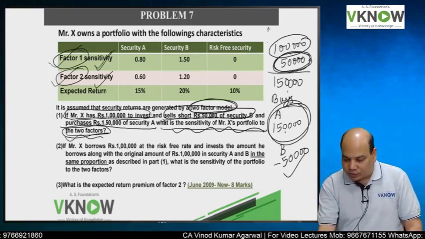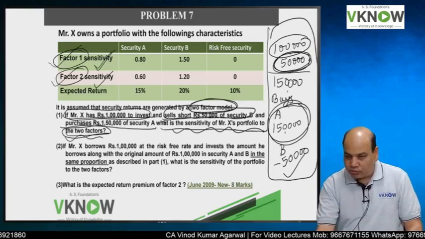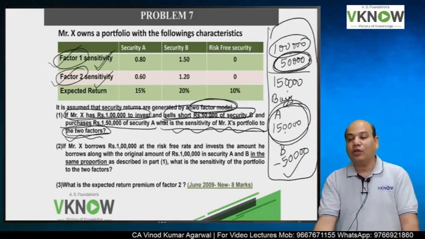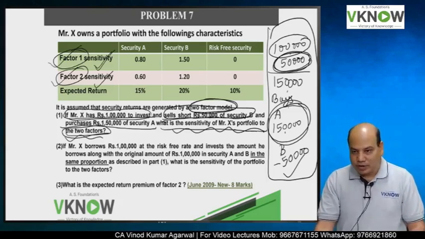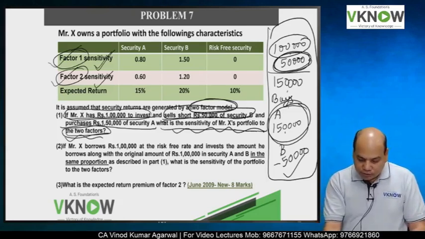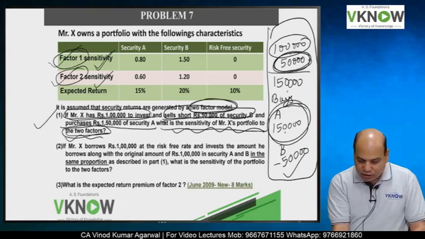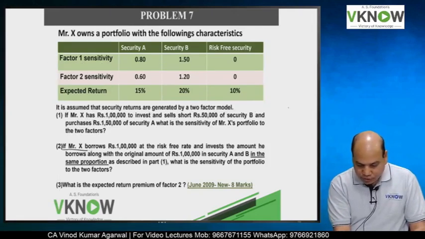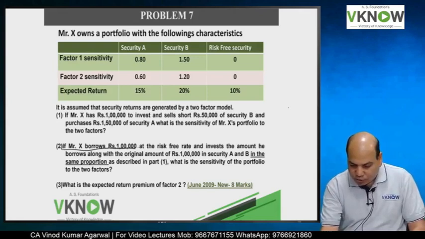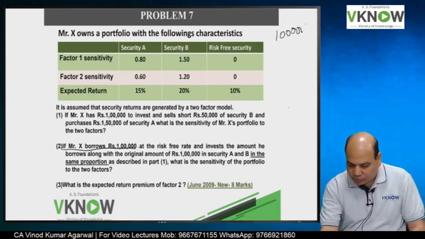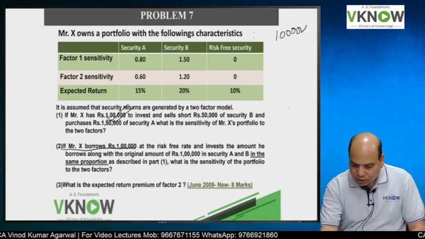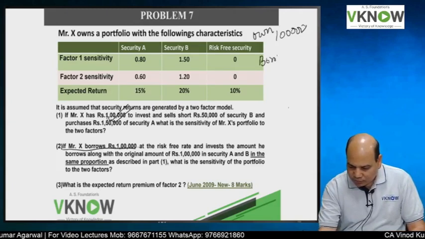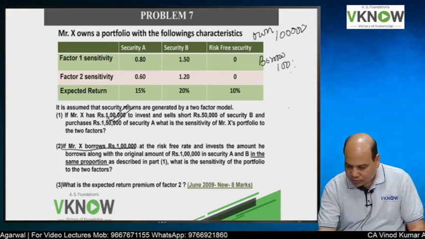So basically we have to first find out how much weight you have allocated to A and how much weight you have allocated to B. Is it right? Second question will come to this again, very easy. If Mr. X borrows 1 lakh, already he has 1 lakh rupees, his own money 1 lakh, borrowed money 1 lakh.